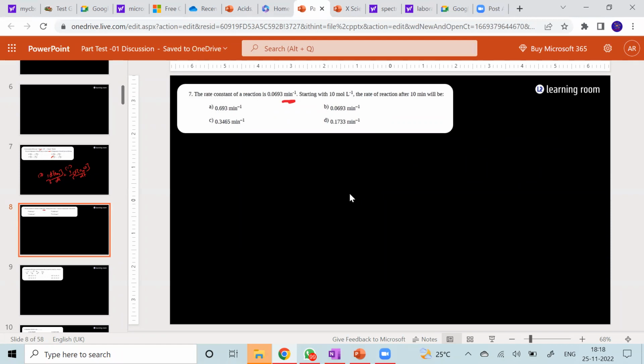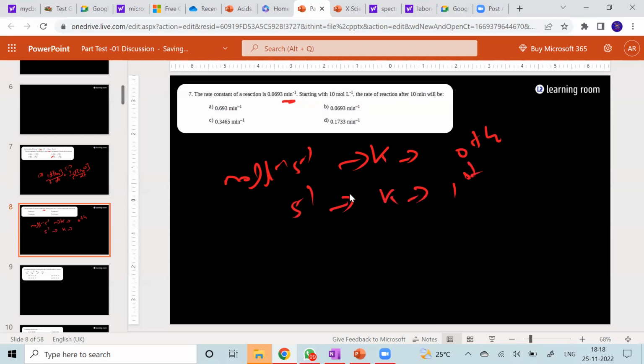They didn't give you first order, second order, nothing. They just gave this per minute. When I have per time period, per second or per minute, what will be the order of the reaction? First order reaction. That's it. Remember that mole per liter per second, if they give you for K, it is 0th order. Per second, if they give you K, that will be your first order reactions.